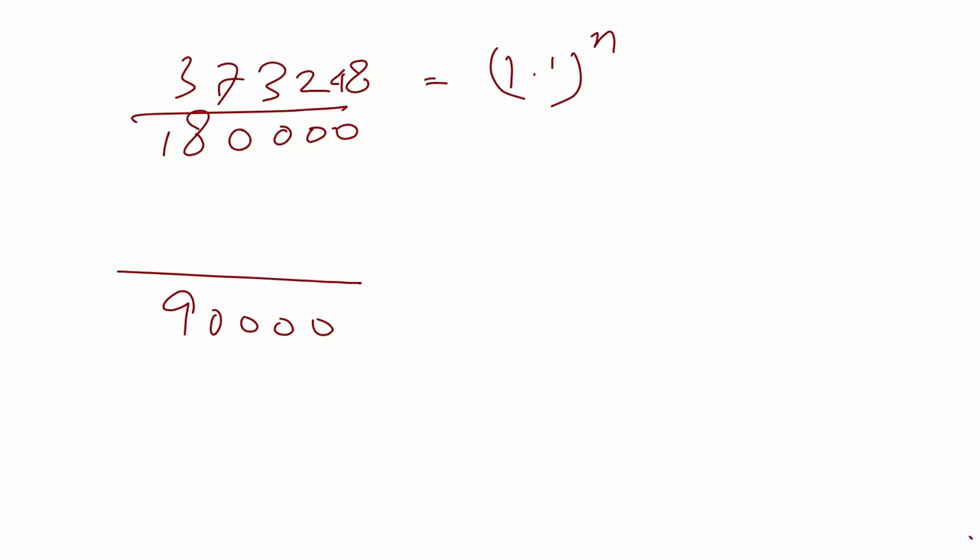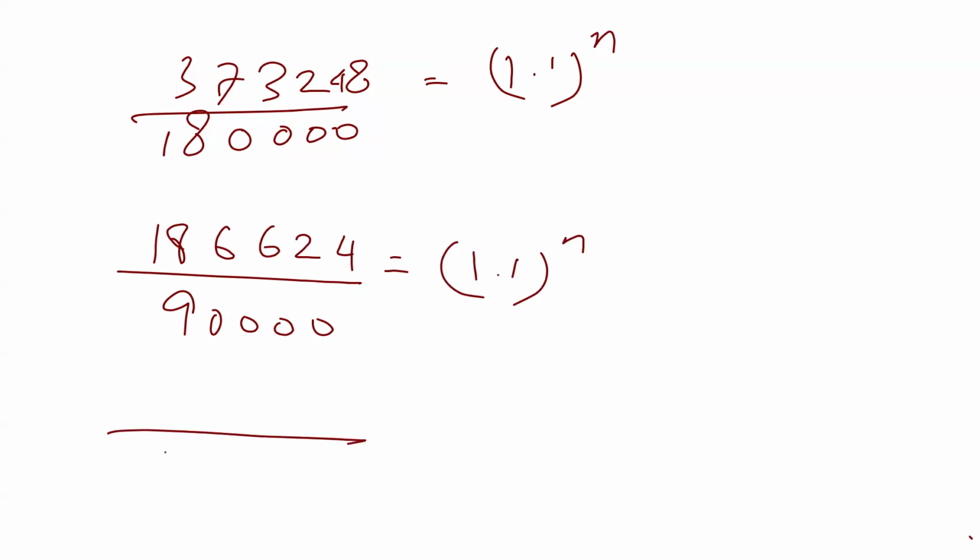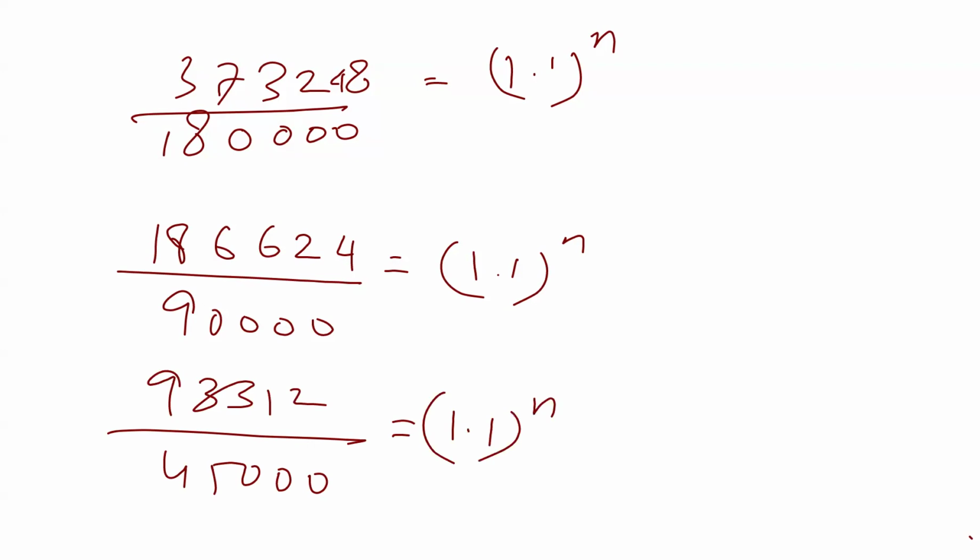373248 divided by 2. Okay, so it is 186624. Then once again it is divisible by 2. This will be 45,000, and this will be 186624 divided by 2, 93312, 1.1 raised to n. 93312 divided by 2.